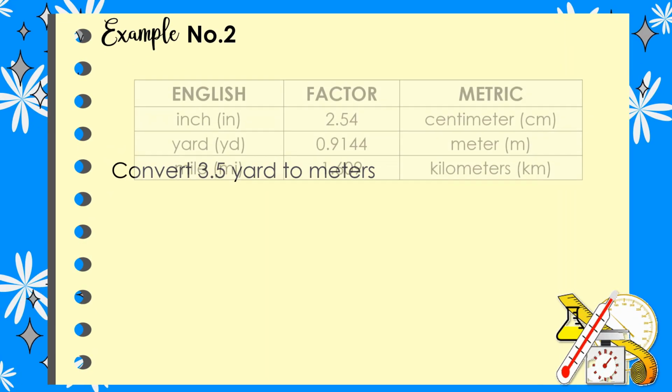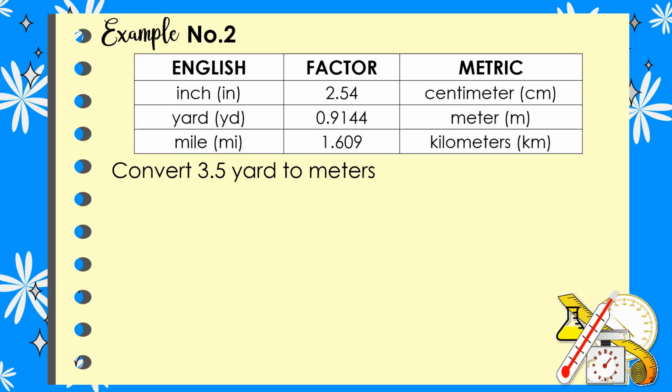For our next example, convert 3.5 yards to meter. So, para ma-convert natin, pili tayo ng converting factor. So, 1 yard is equivalent to 0.9144 of a meter. So, mag-convert na tayo. 3.5 yards, i-times natin sa ating converting factor.